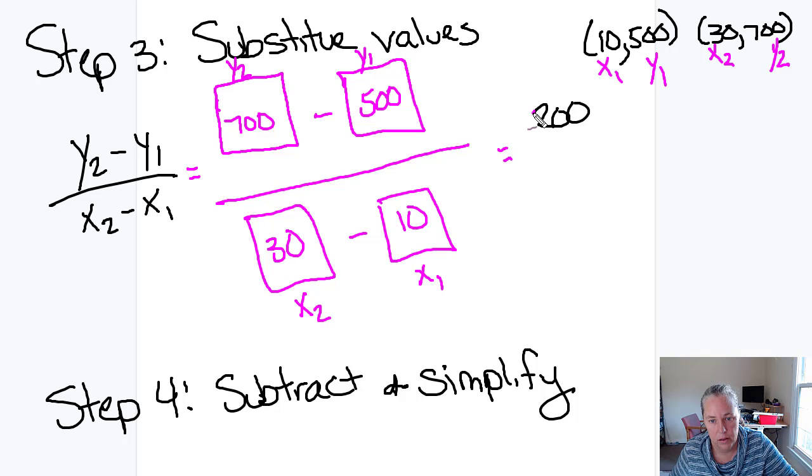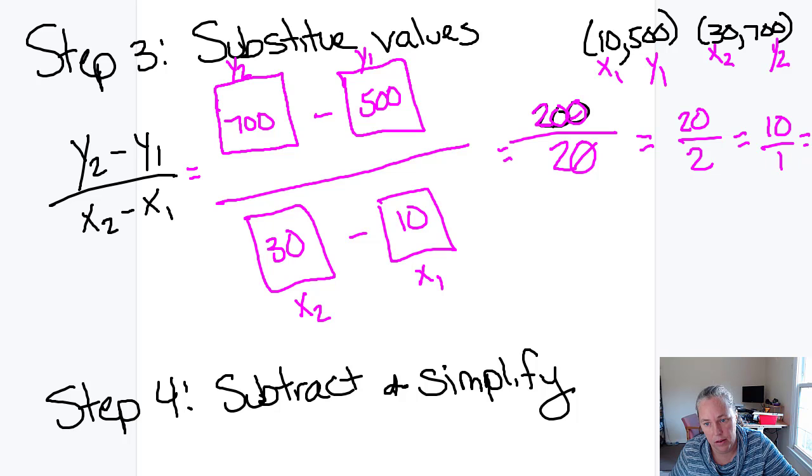Sorry. 200. 30 minus 10 is 20. 200 divided by 20, I can simplify. That's 20 over 2, which is 10 over 1, which is 10. So the slope of this line that goes through those points is 10, or 10 over 1. There it is.